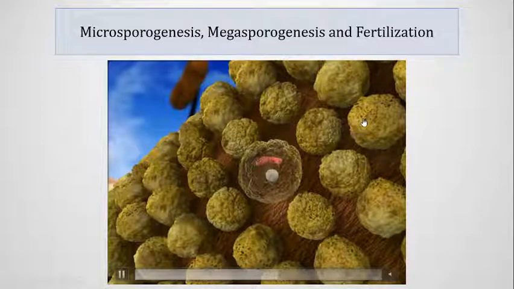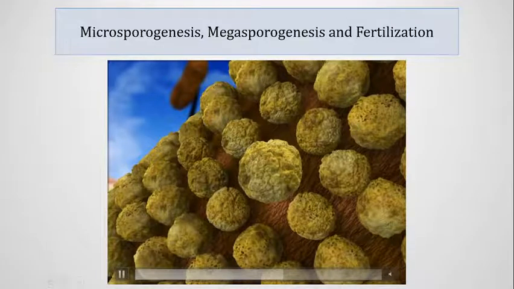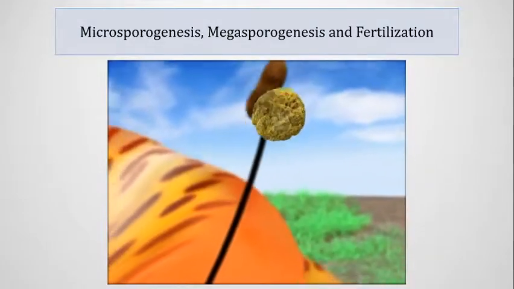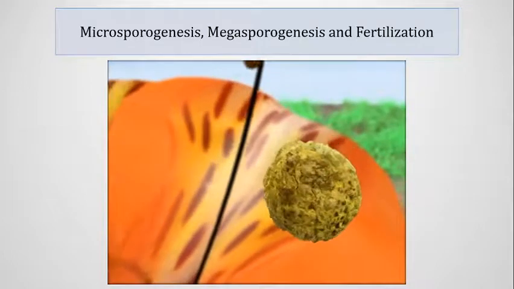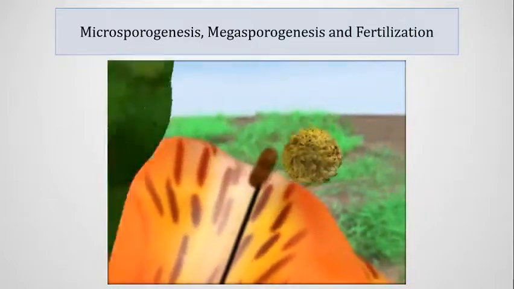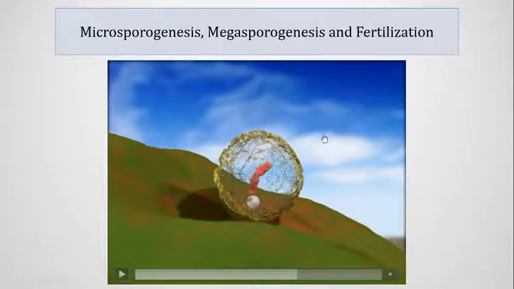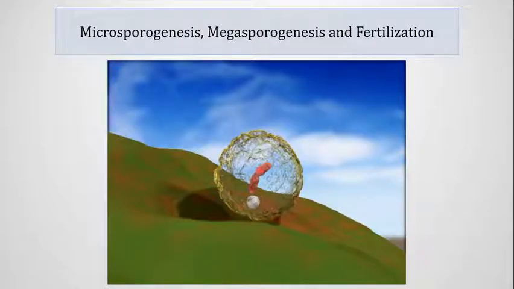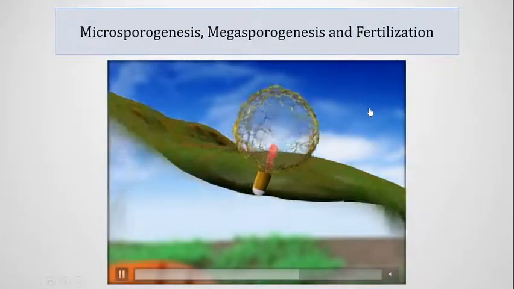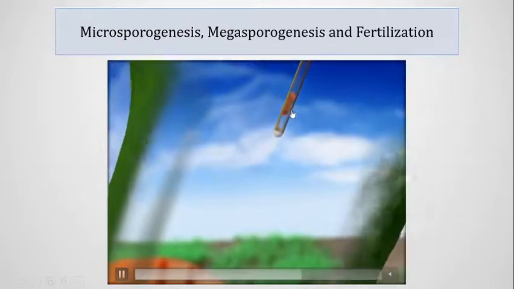So this mature pollen will travel by air or by any insect, and will fall on the stigma of a carpel. So when it falls on the stigma, the intine, the internal membrane of the pollen cell, will increase in size and will penetrate through the stigma and style and will move downward, and this path will be followed by the tube nucleus and then by the generative nucleus.